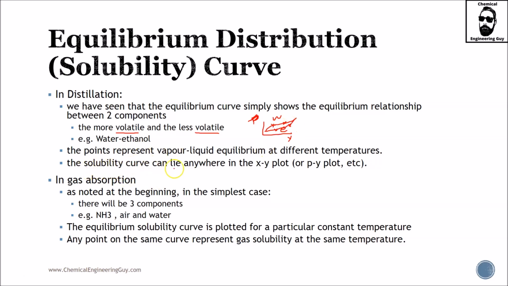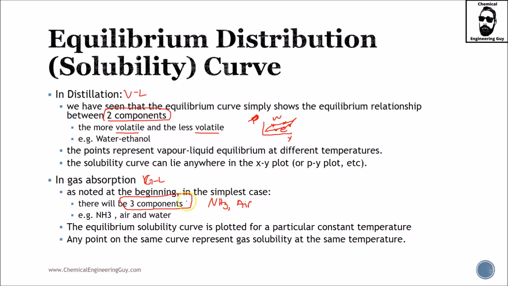The solubility curve can lie anywhere in the XY plot by definition. But in gas absorption, remember we're talking about gas-liquid, so these will be vapor-liquid operations. As noted in the previous section or slideshows, the simple case will be 3 components, so that's very important. Before we had 2 components, water and ethanol, and now we have the solute, air.